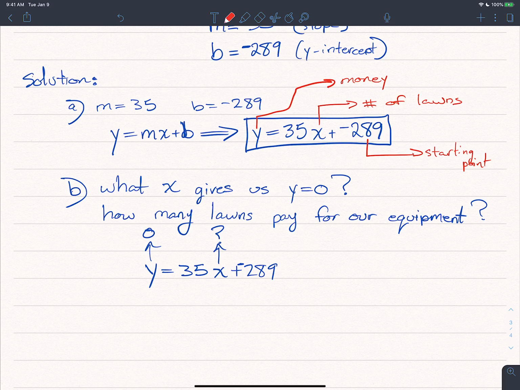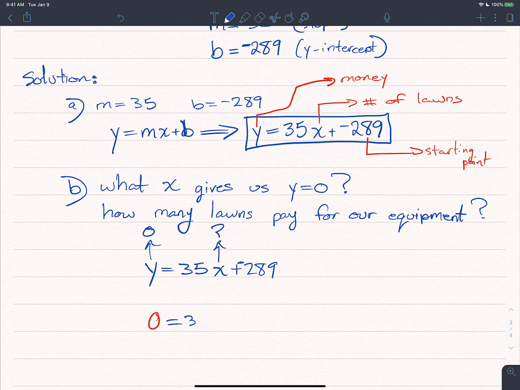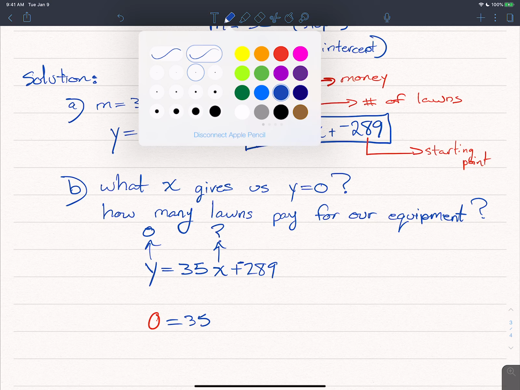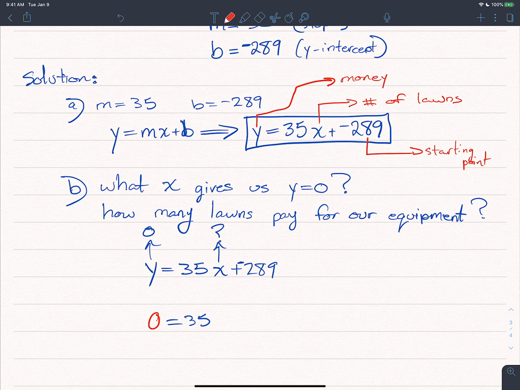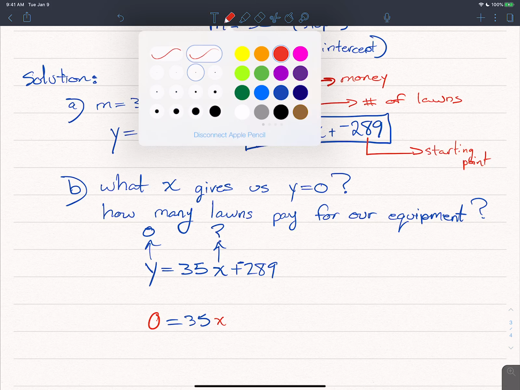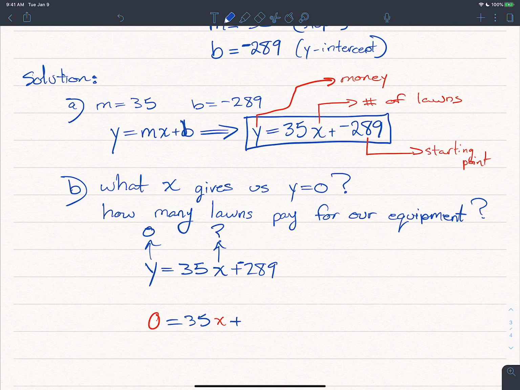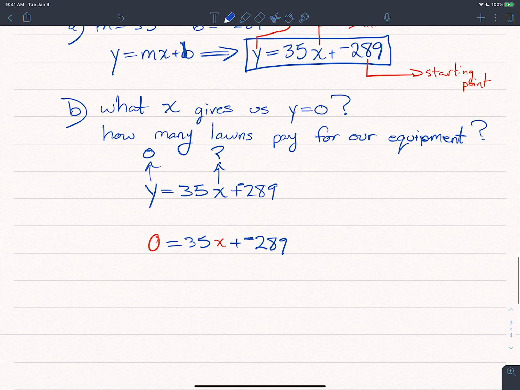We're going to plug in 0 for y and we're going to solve for x. Plug in 0 for y. We solve for x. All right.